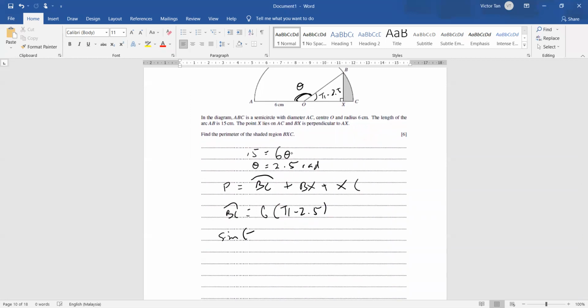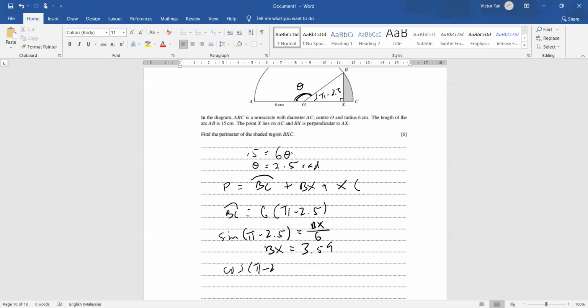Sine of pi minus 2.5 equals BX over 6, so BX equals... Remember to put the mode of your calculator in radian. So this is 3.59.